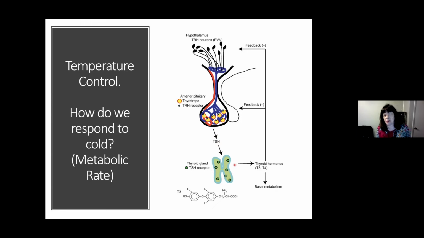In this case, you have stimulation of the thyroid gland. So I've had students skip elements here in the circuitry when I've asked a question about, well, how do we respond to cold? So just make sure you've got all of those elements in the circuitry.